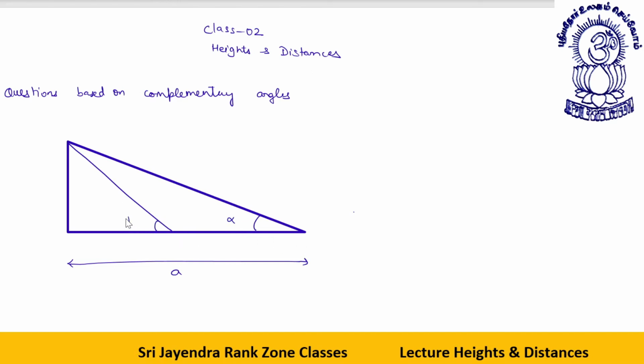You move some part, this angle is beta. This distance is b, and you are being asked about this height h. So what will be the result? The result will be h is equal to under root ab. I will prove it to you right now.